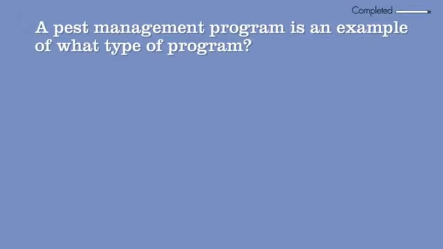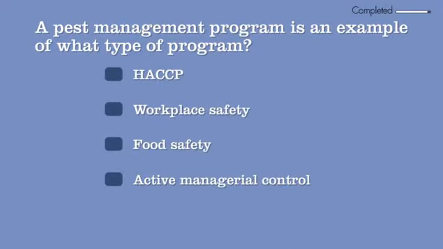A pest management program is an example of what type of program? Yes, a pest management program is a food safety program upon which you can build a food safety management system, like HACCP.